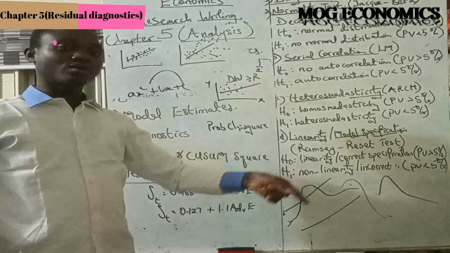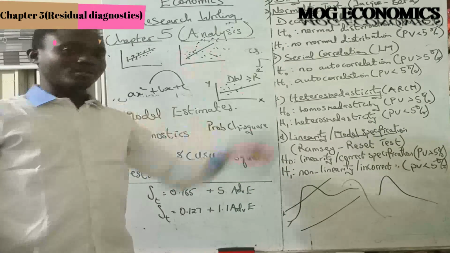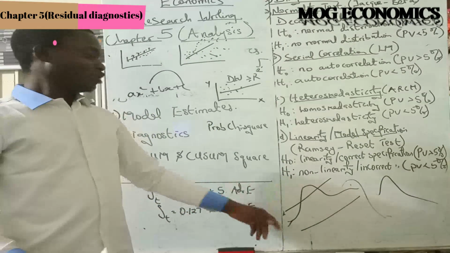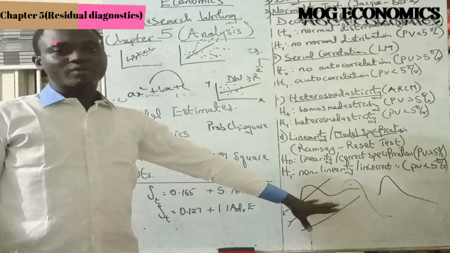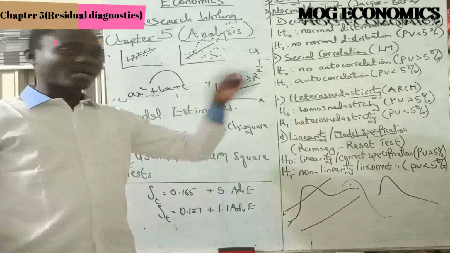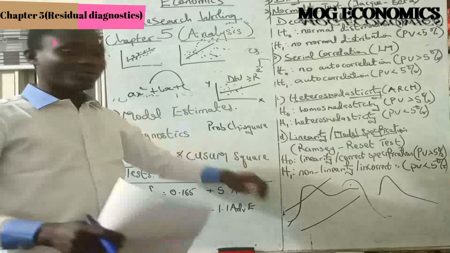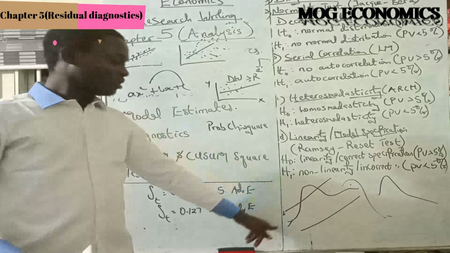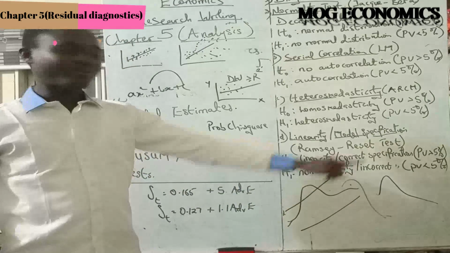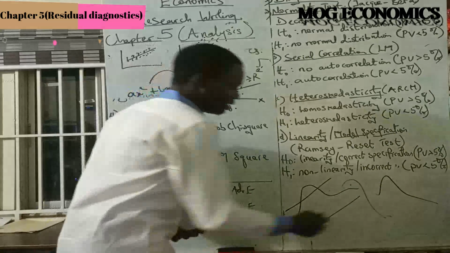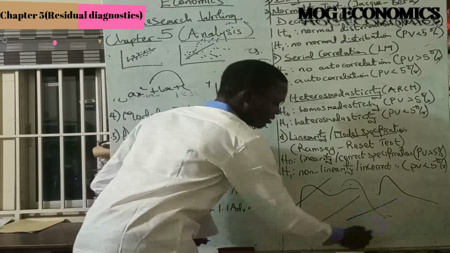Now sometimes it may not be like this. So when you do your CUSUM square test, which means that you've logged your model, the line may now be inside of it, which means that your model is now stable after you've logged it. So what you really want is for your model to be stable. If the lines are outside the 5%, it might not just be here, it might also be here.